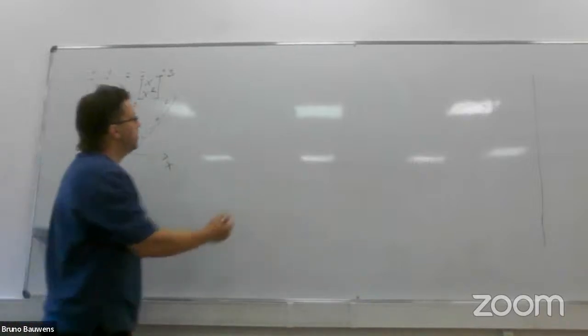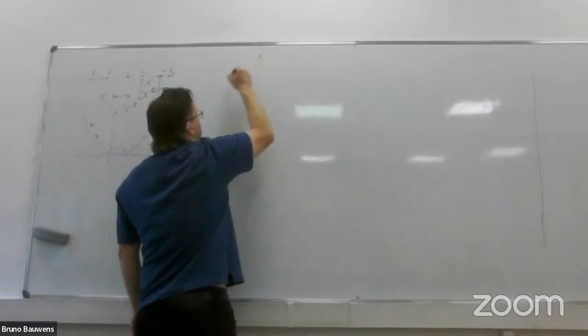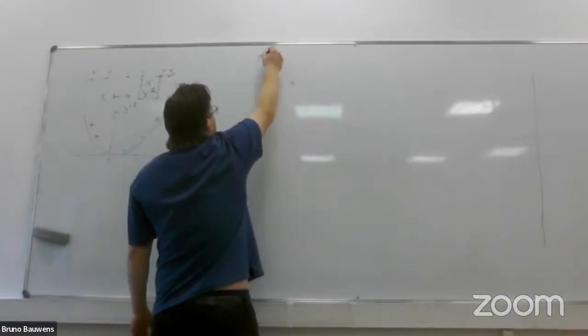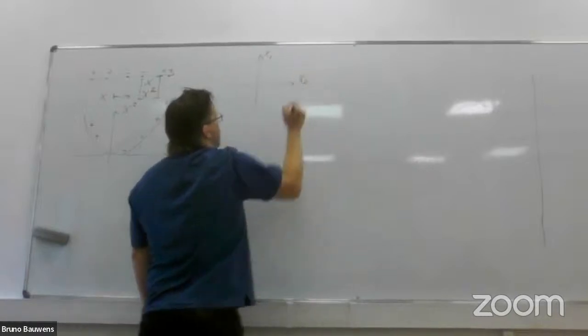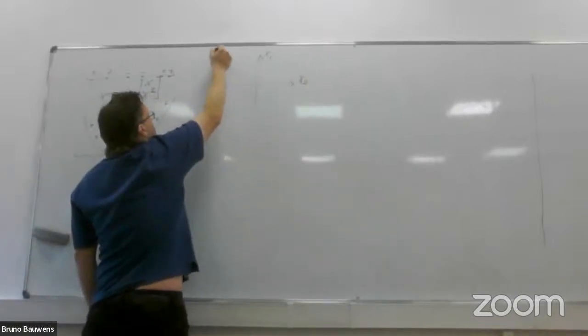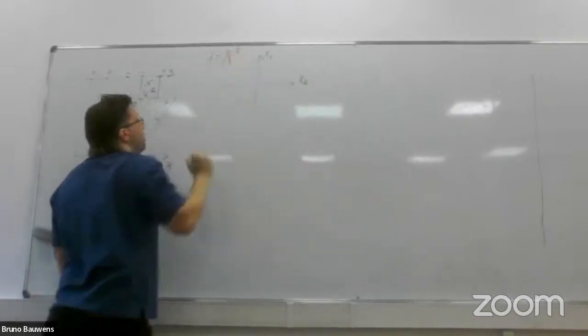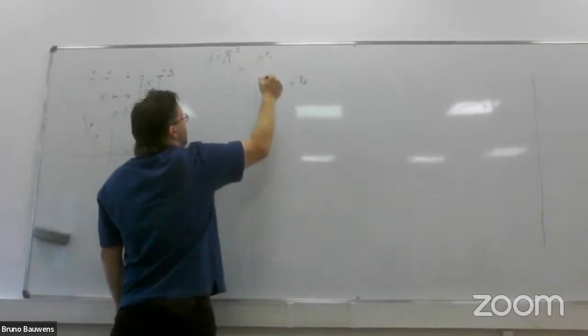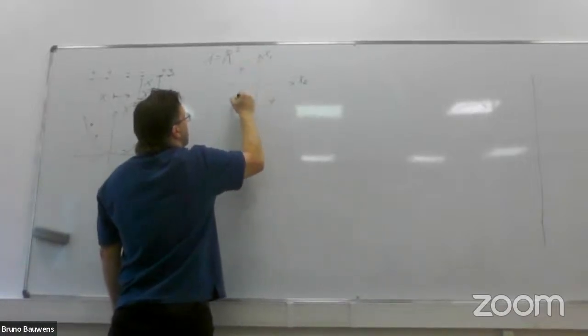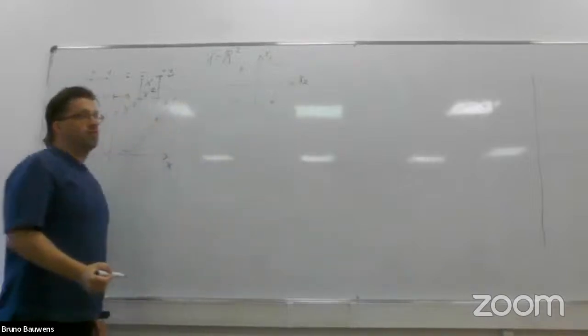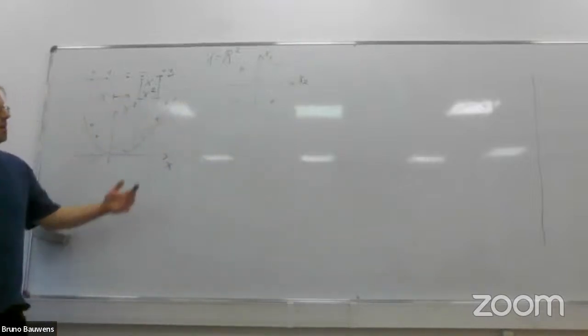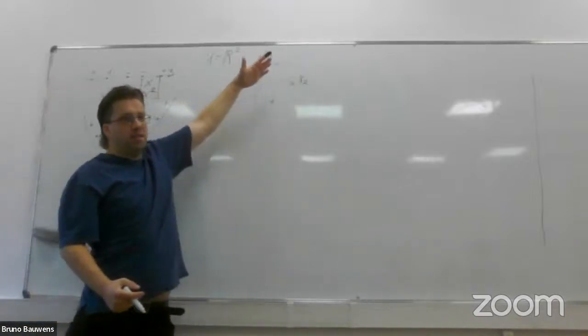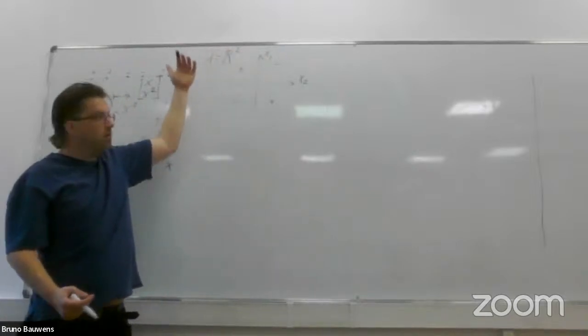Another example where this works: let's say we have 2 coordinates in the input, so x is in R2, and we have a minus here and a minus here. So 4 points in the training set. We cannot fit a half space that separates them.